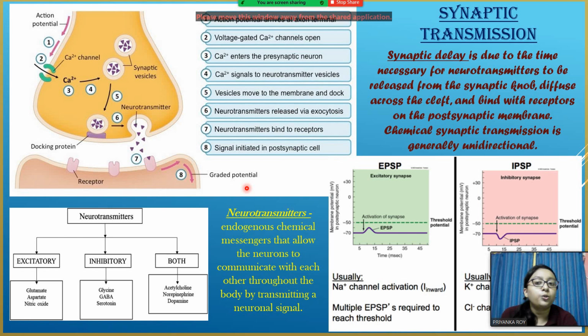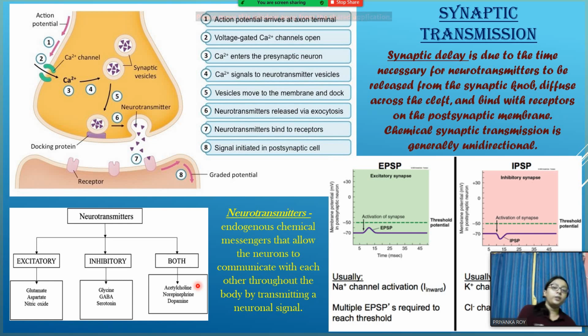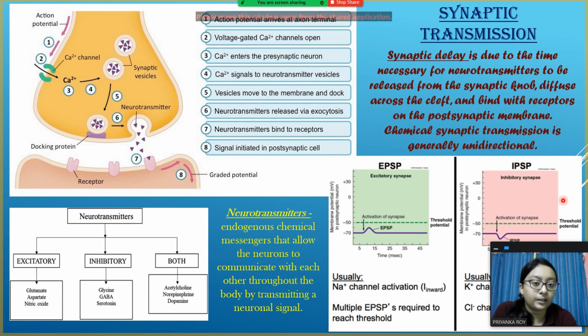Based on the type of neurotransmitter, whether it is excitatory, inhibitory or both, the signal pattern is determined. If it is excitatory, that means it comes under glutamate, aspartate, etc. If it's inhibitory, the examples are glycine, GABA, etc. And if it is both, like acetylcholine, norepinephrine, then it can generate either an inhibitory signal or an excitatory signal.